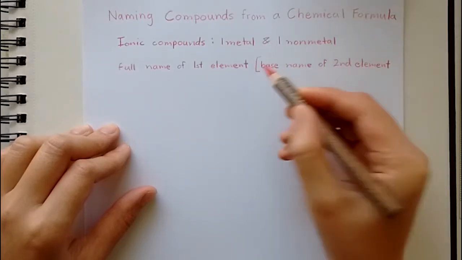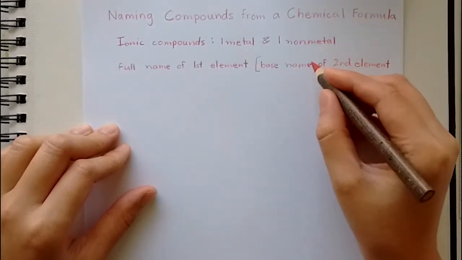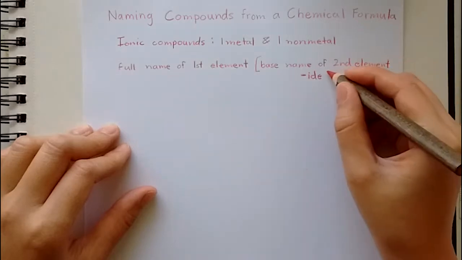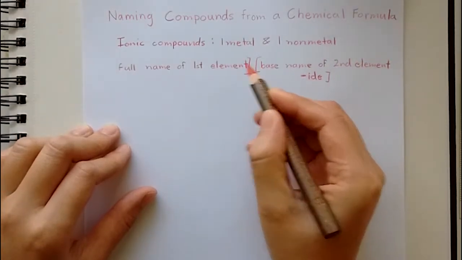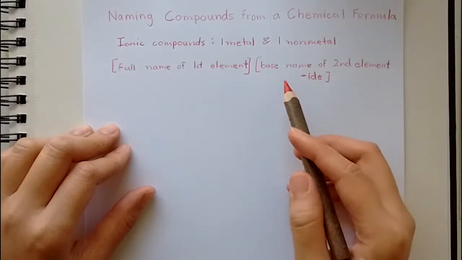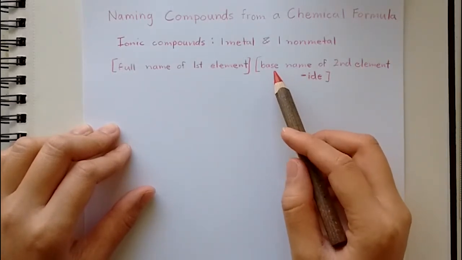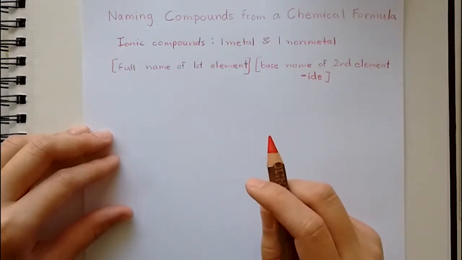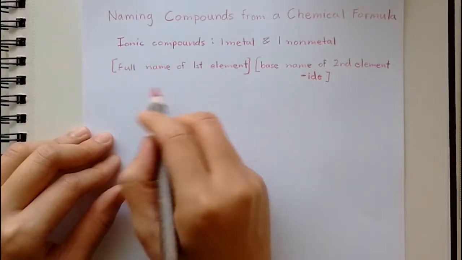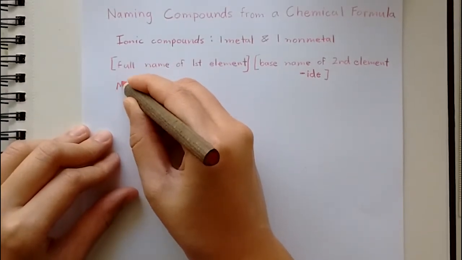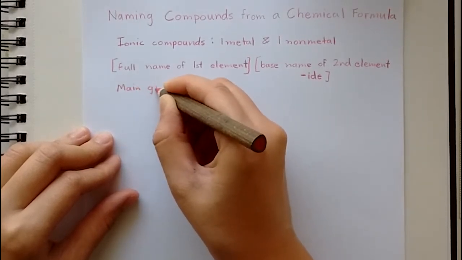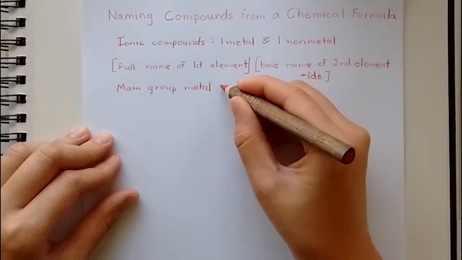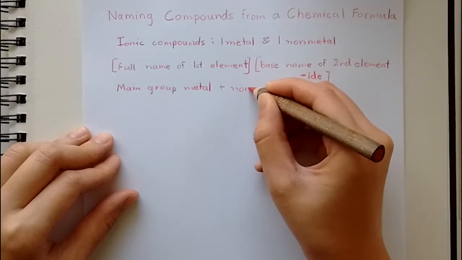And with this part, we end the name of the second element with the ending "ide." Okay, so that's the second part. So you'll have one name, the full name of the first element, and then the other word, which is the base name of the second element plus the ending of "ide." Okay? Now this case is for when you have a main group metal and one nonmetal.